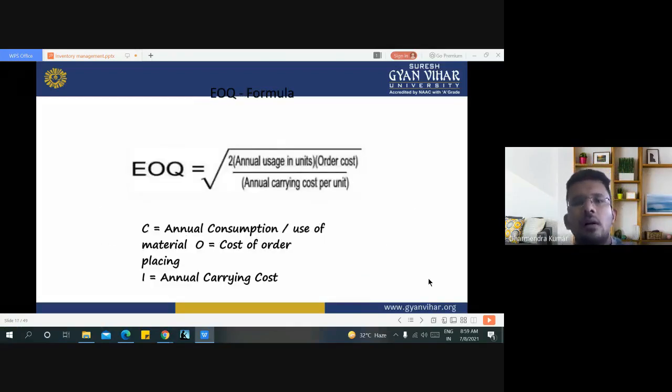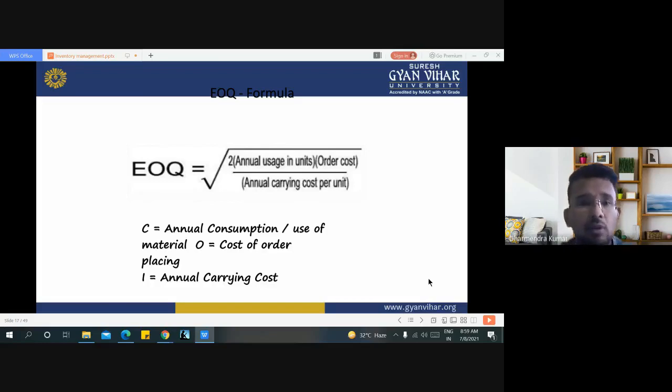Here is the EOQ formula, economic order quantity formula. By using this formula, we can calculate our requirement in the upcoming future: 2 into annual usage in units, multiplied by overall order cost, and divided by annual carrying cost per unit.